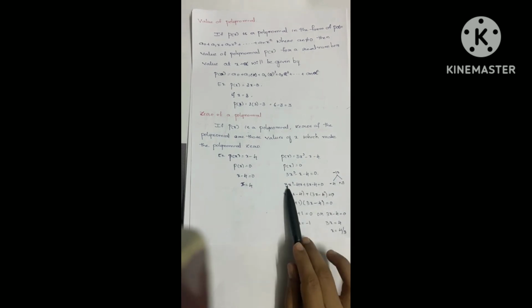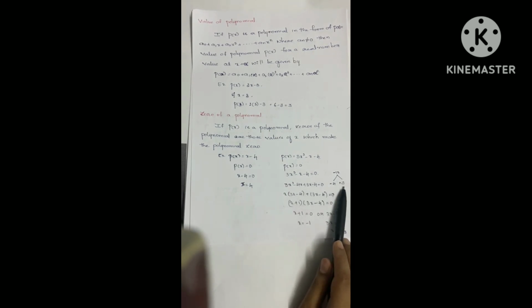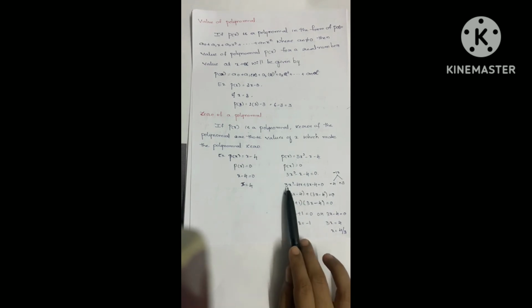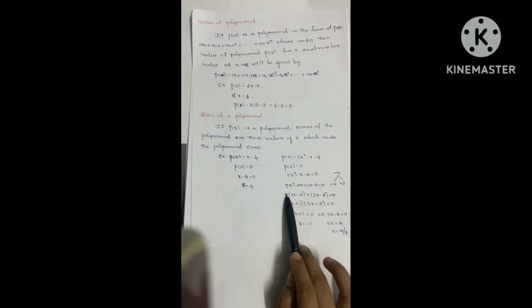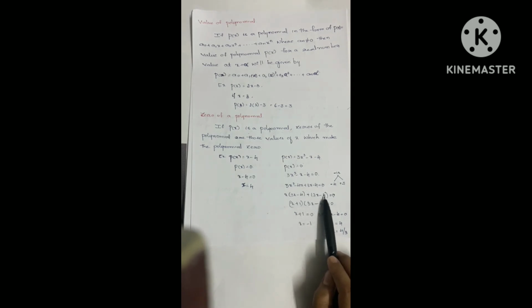So 3x square minus 4x plus 3x minus 4 is equal to 0. So here in these two terms, I'll take x as common. So x into 3x minus 4 plus, here I'll take 1 as common, 3x minus 4 is equal to 0.